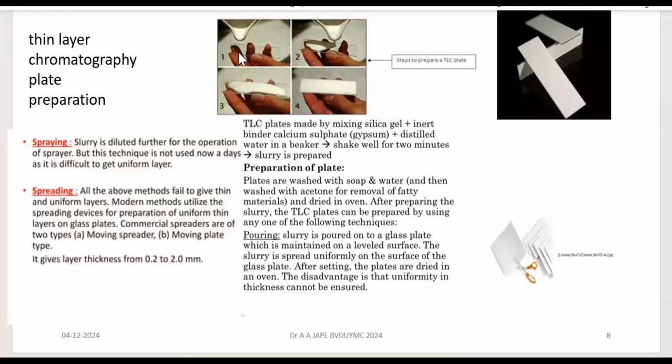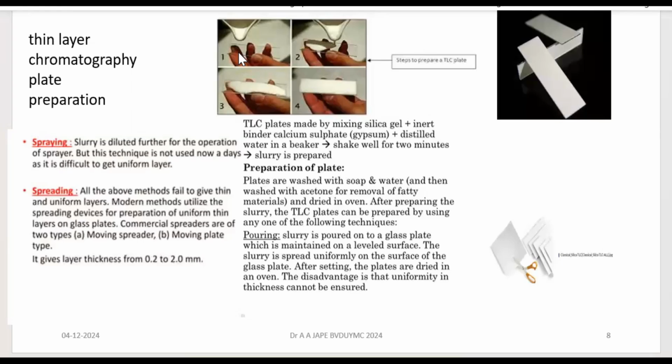Modern methods utilize spreading devices for preparation of a uniform thin layer on the glass plates. And commercial spreaders are of two types, moving spreader and moving plate type. So either the spreader moves in the first type, and in the second type the plate moves while the spreader is standing still.